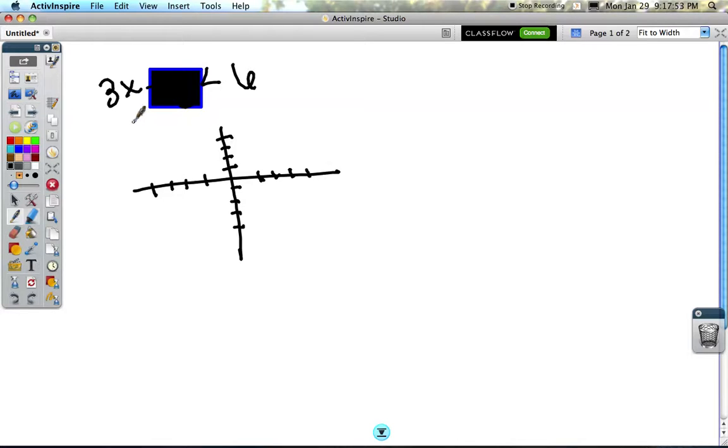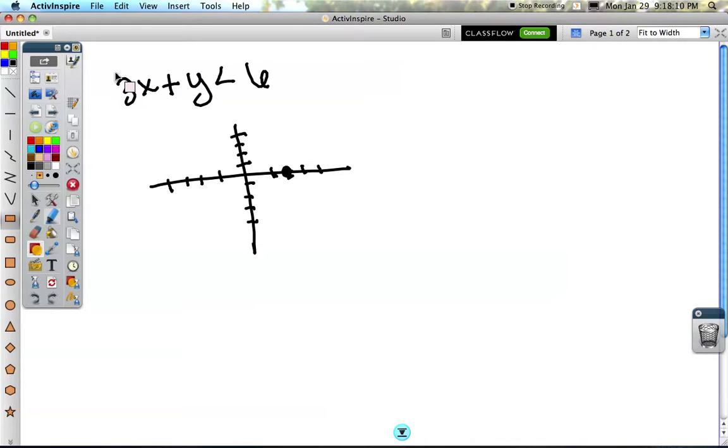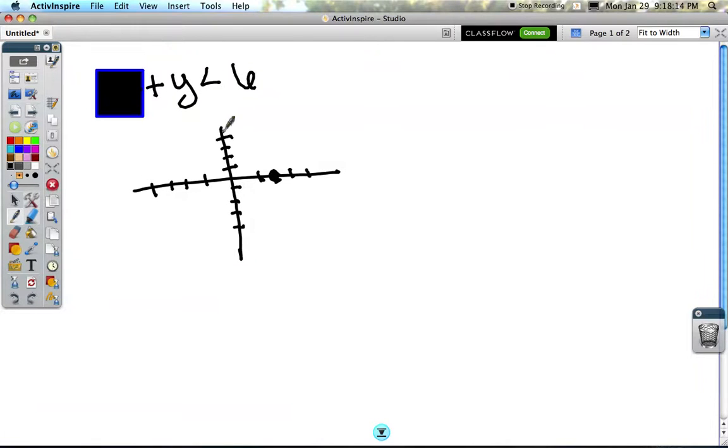Divide by 3. So, my x-intercept is at which x number? 2. Put a dot at 2. Now, if I want to find my y-intercept, then my value of x is 0. So, what is my y-intercept? 6.